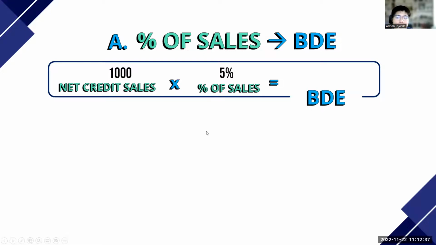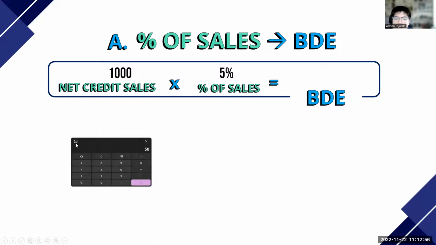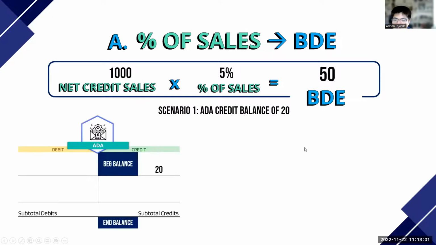And then according to estimates, 5% of your sales will be deemed uncollectible. And therefore, it's just gonna be a simple computation na 1,000 times 5%. So you have a bad debt expense of 50.